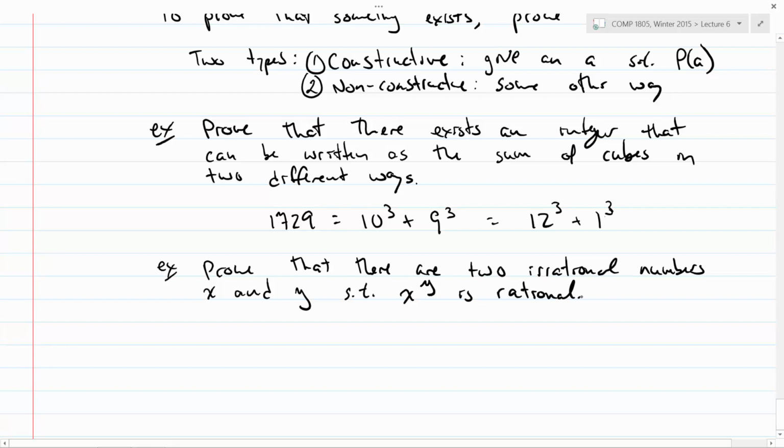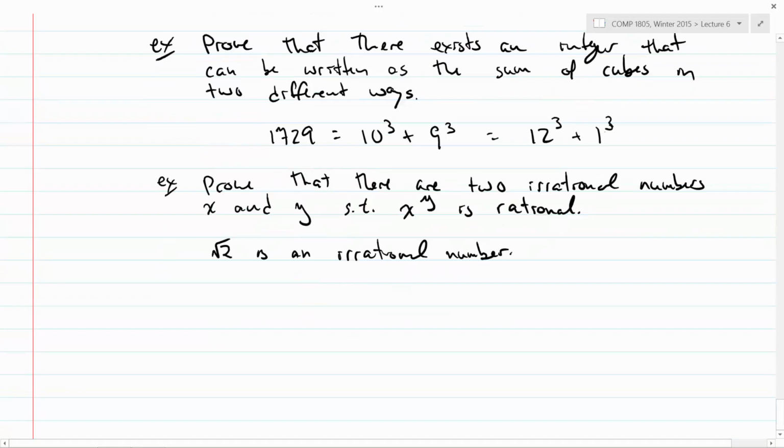Okay, so I'm going to do a non-constructive existence proof. This is asking about some irrational numbers, and the only irrational number I know right now is the square root of 2. So root 2 is an irrational number. We proved that.